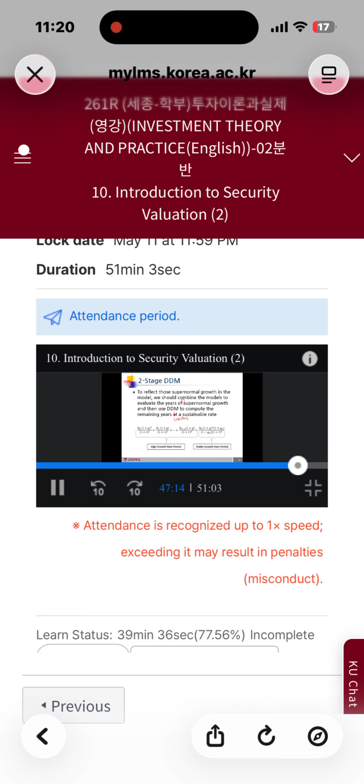Okay, let's draw a timeline here. Say in the first 2 years, there is a high growth rate, say 20% here, and the growth rate will decline to 3% in the infinite period of time.